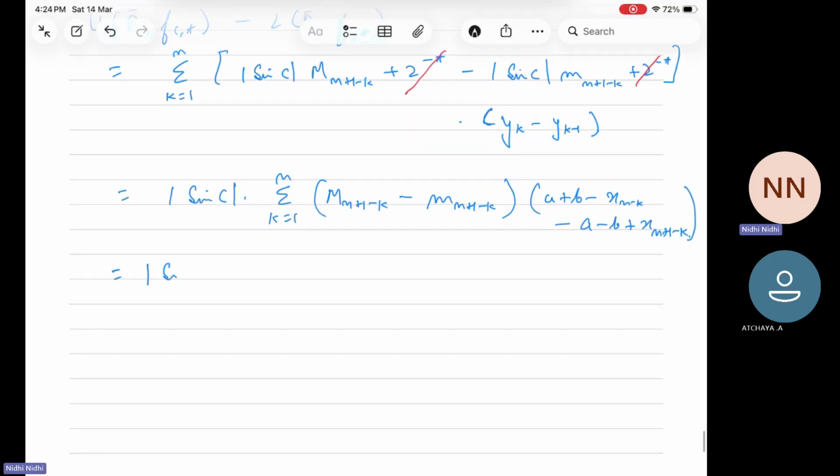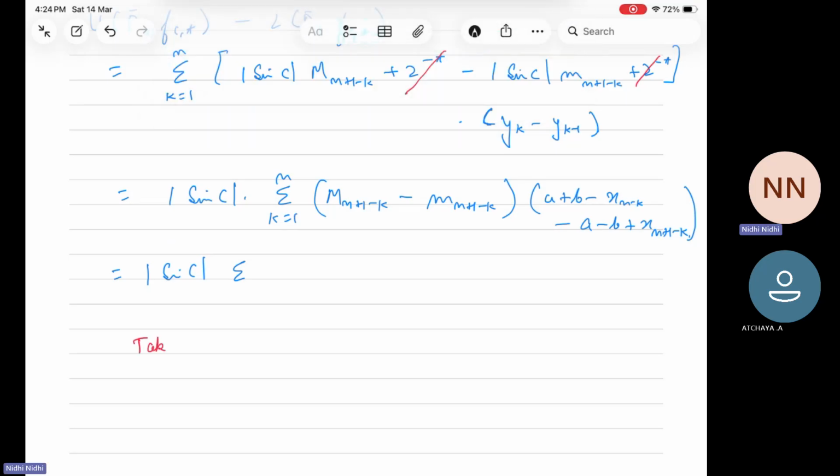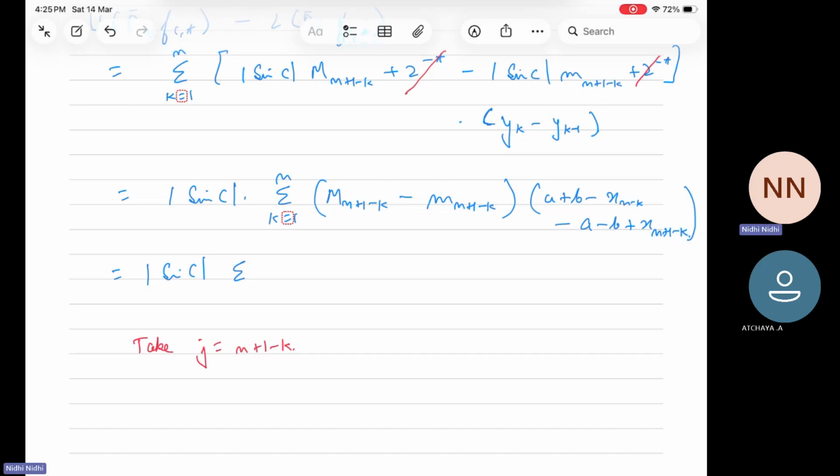And this is |sin c| summation. Now if I take j to be equal to n plus 1 minus k, we get summation j, where when k is equal to 1 this is n, and when k equals n, this is 1.